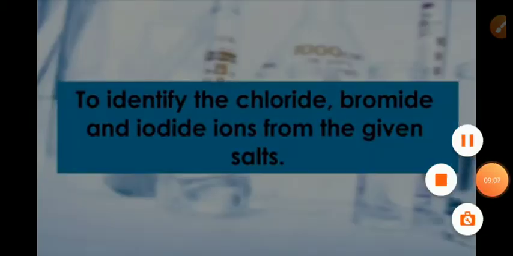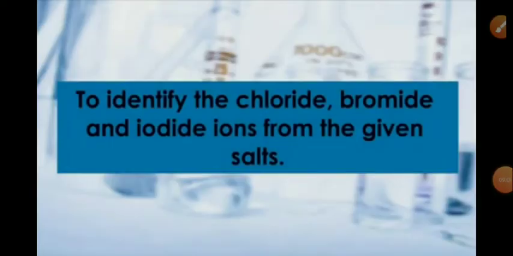So children, we will see that one by one we have to take one test tube. As we take test tubes, we put labels A, B, C. Already I told you.